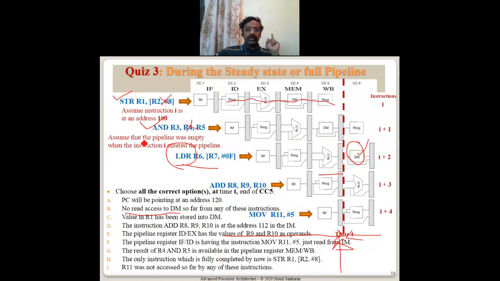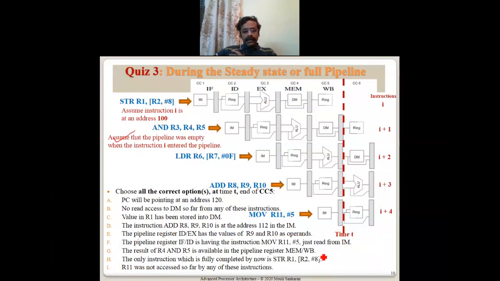Assume that the pipeline was empty. That means no data memory read operation would have been initiated. So every statement is valid. You need to read everything to get the answer. If you are not very careful, you may miss some point. So no read access, yes, this is true.